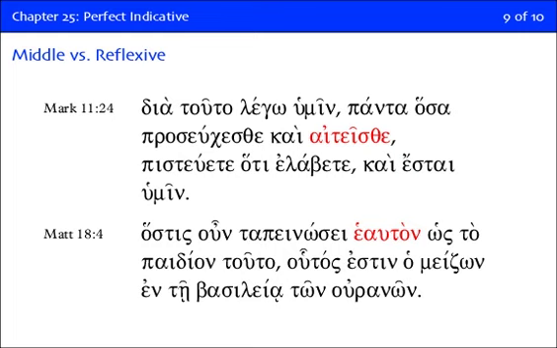Normally, in Koine Greek, when the speaker wants to be reflexive, they use a reflexive pronoun. Whoever, therefore, humbles himself as this child, this one is greater in the kingdom of heaven. So normally when you want to say for yourself, it usually is an active verb with a reflexive pronoun.